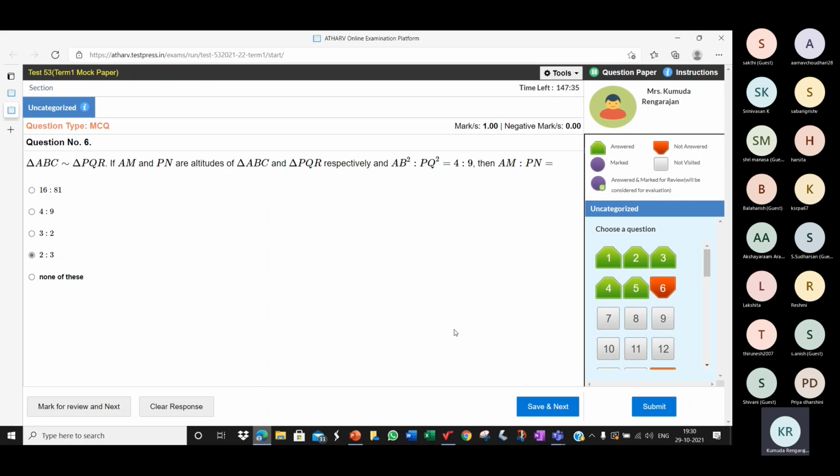The ratio of corresponding sides, corresponding altitudes, corresponding medians, corresponding angle bisector segments. Corresponding means this one. Now, how do we know that AM and PN are the corresponding altitudes?